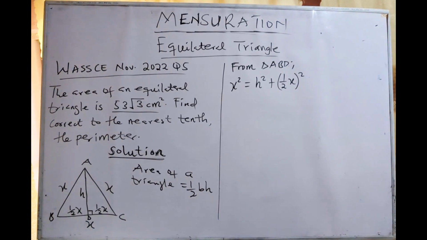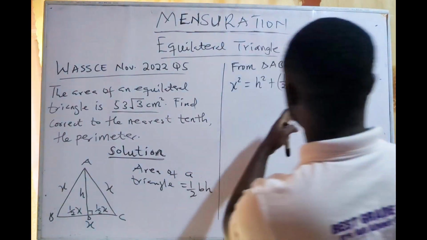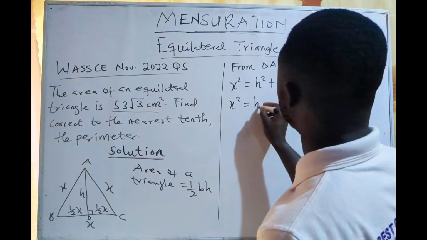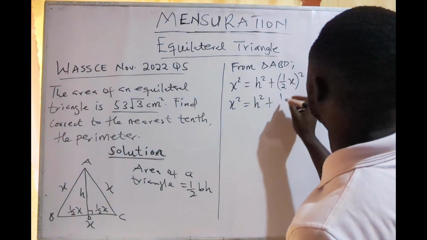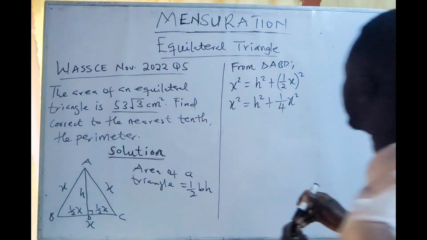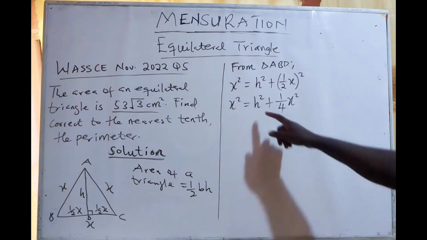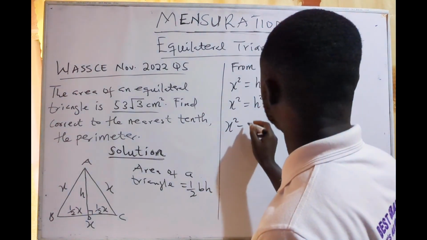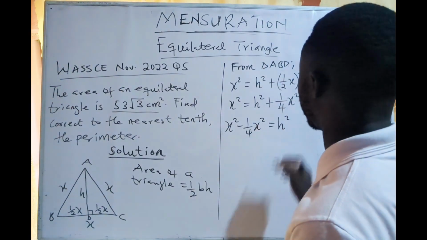So the hypotenuse squared is equal to the sum of squares of the other two sides. So my x squared is going to be h squared plus half x squared. What is half squared? 1 squared is 1, 2 squared is 4, and then x squared. So I've gotten this, and now I can find the height I'm looking for. I have x squared minus 1 over 4 x squared equal to h squared.